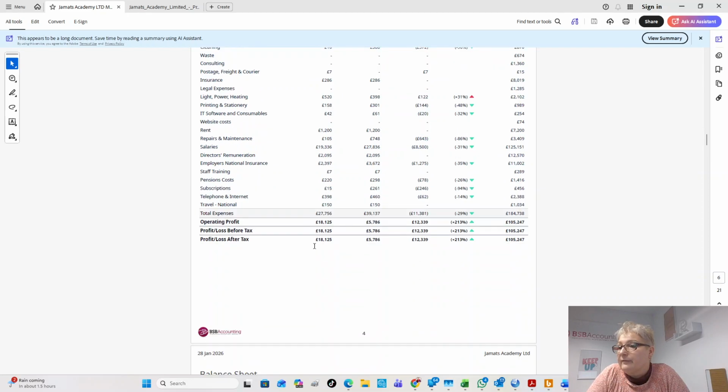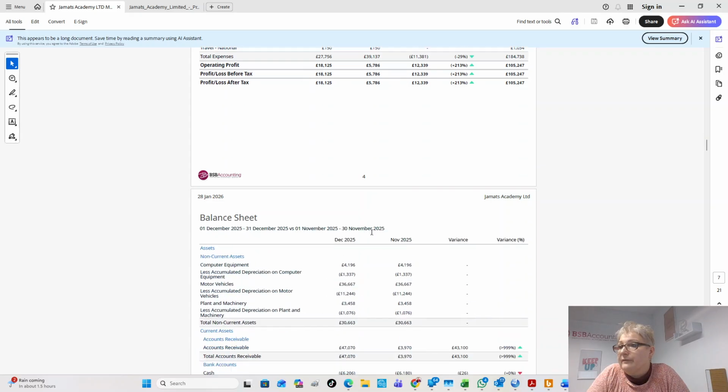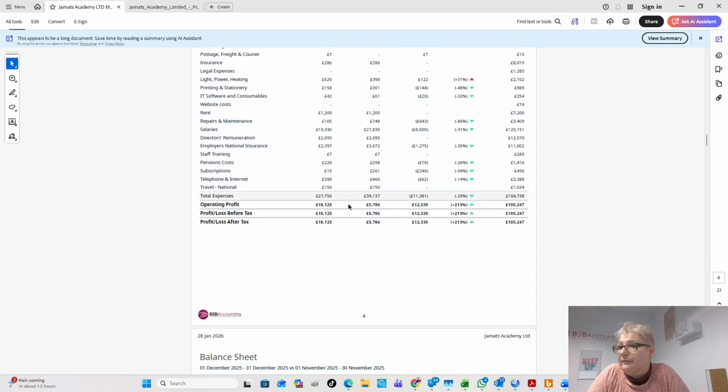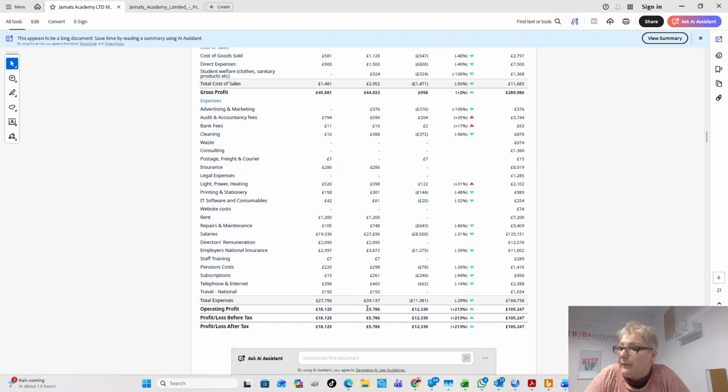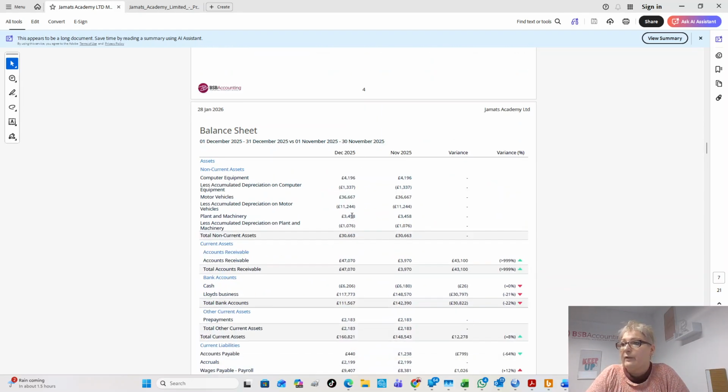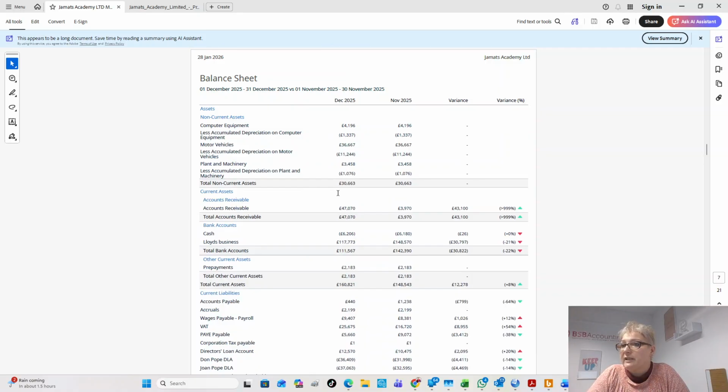And then the profit after all expenses deducted, the profit figures for both months. So December here and then November. Again, a comparison.